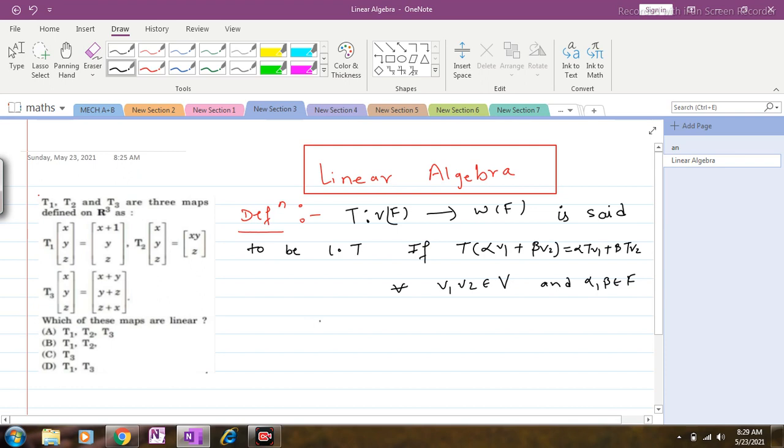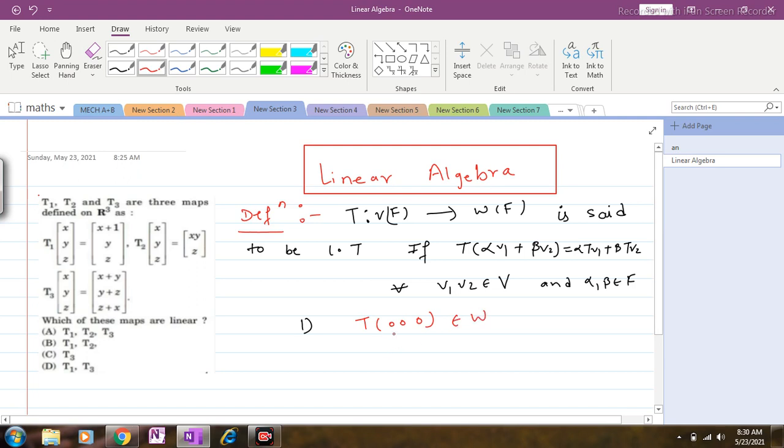Okay. So there are some conditions that we have to satisfy. The first condition I can say is T of (0, 0, 0) should belong to W. That means if I map (0, 0, 0), it should belong to your W. Okay.